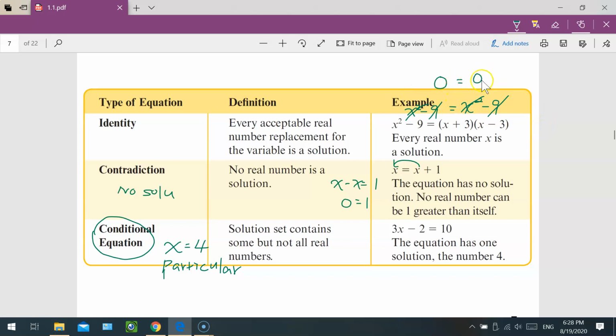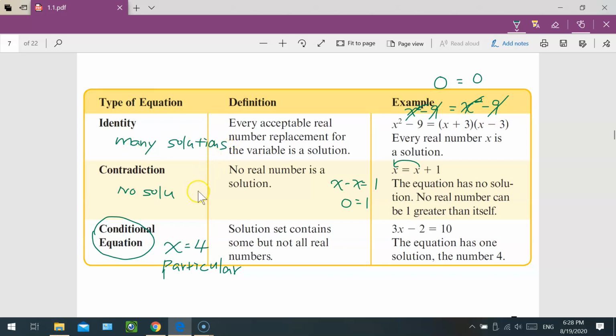When you have 0 equals 0, that is true, right? And when you solve for the identity equation, your left-hand side must be equal to the right-hand side. So whatever number you plug in, they will be equal on both sides. So in that case, we go with identity. With identity, you have many solutions.